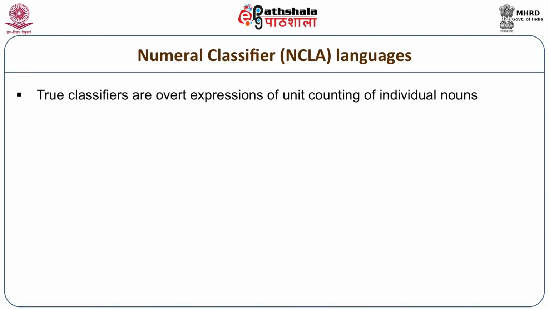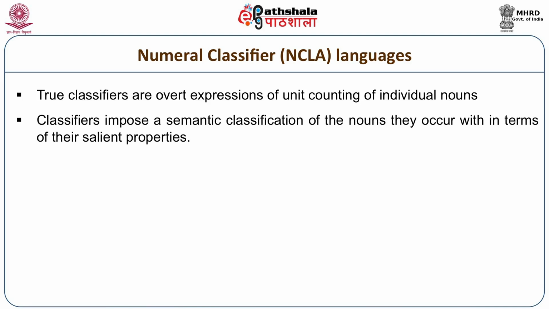We must make special allowances therefore for the syntax of measure phrases, because this syntax might represent something similar to the syntax of massifiers and measure phrases, but this is not enough in itself to label a language as a noun classifier language. So the takeaway from here is that true classifiers are overt expressions of unit counting of individual nouns. Any language that lacks this cannot be counted as a noun classifier language.